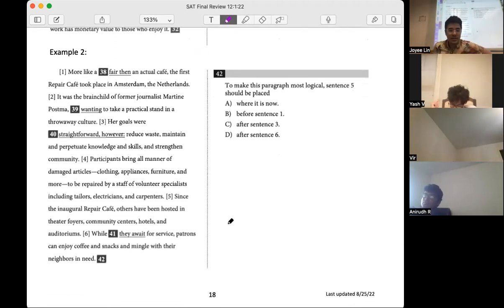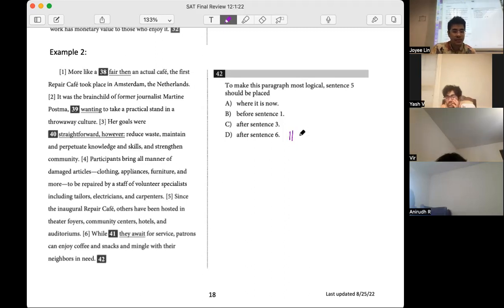Okay, so 42. I want to place sentence 5. I go after sentence 6 because it says while they wait, and then we refer to the participants.